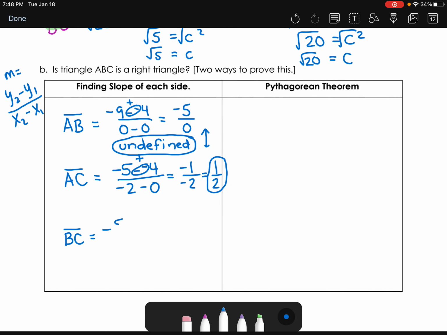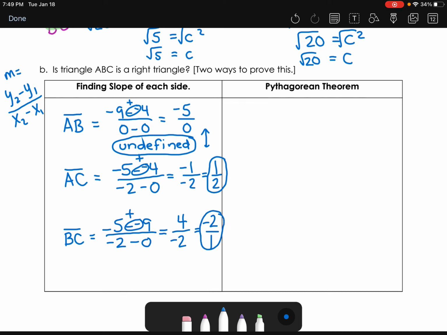So -5 minus a -9 over -2 minus 0. This becomes a plus. So now we've got 4 over a -2. And that simplifies to just -2. We can actually write that as -2 over 1.